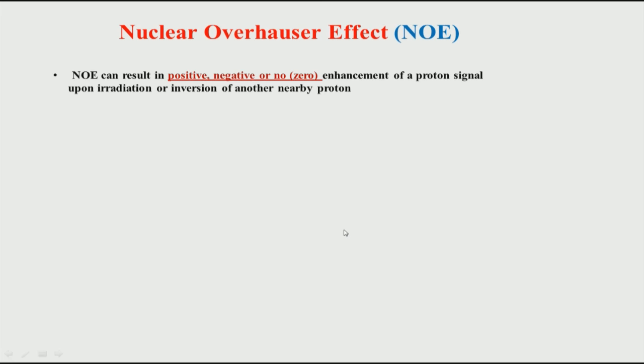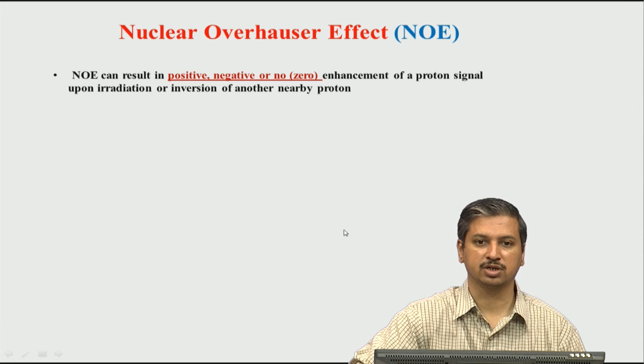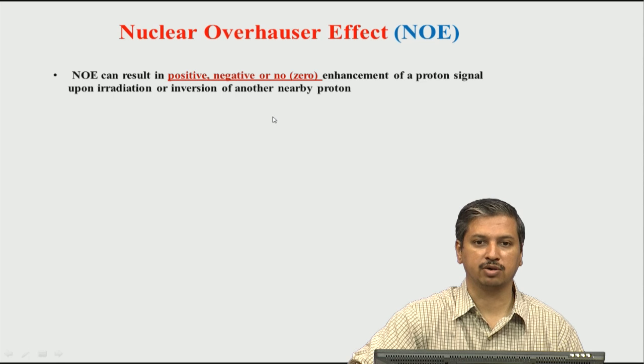Now, as I said, this perturbation, which affects the signal intensity when we irradiate one nearby hydrogen, can either result in an increase of the neighboring hydrogen's signal, we use the word positive enhancement, or it can decrease the signal, or it will have no effect, no enhancement.